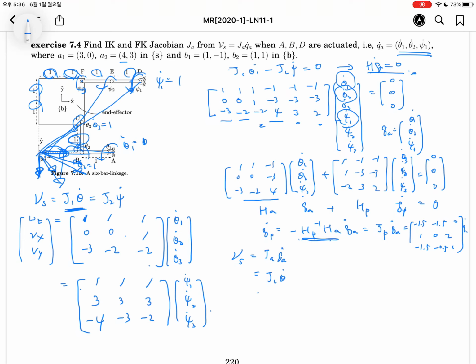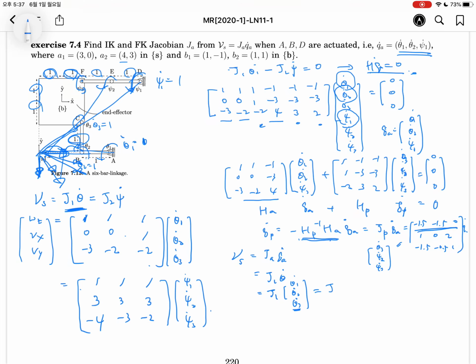The J1 and theta 1 dot, theta 2 dot, and theta 3 dot. But theta 3 is passive. So the result will be this equation with theta 3 dot, psi 1 dot, psi 2 dot, psi 3 dot. So the first row will correspond to theta 3 dot.